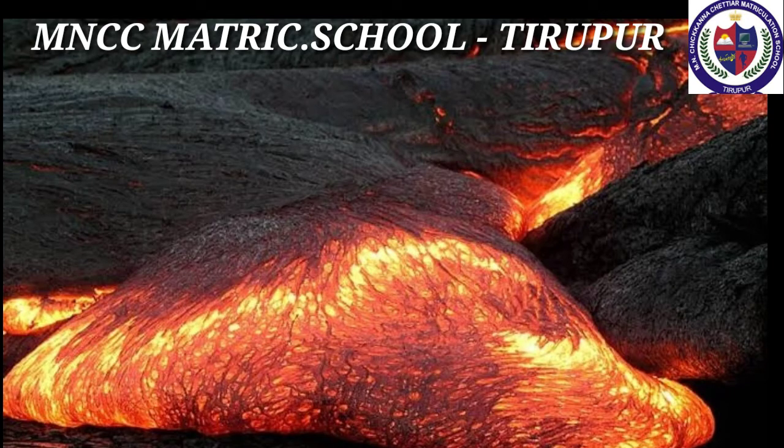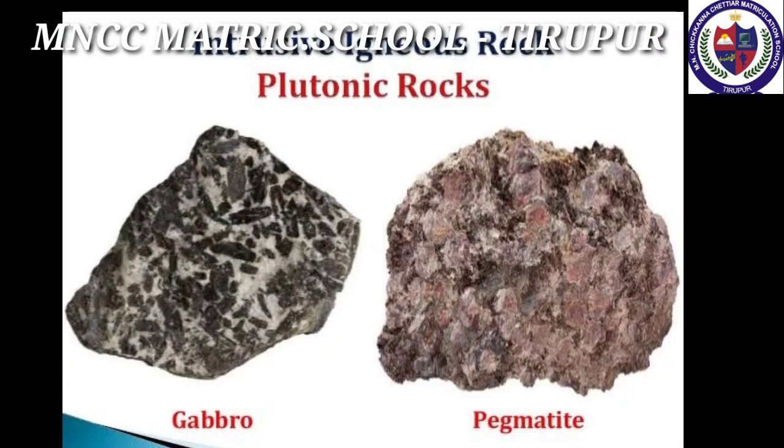Intrusive igneous rocks. The molten magma sometimes cools down deep inside the earth's crust and becomes solid. The rocks formed this way are called intrusive igneous rocks. Since they cool down slowly, they form large grains. Intrusive igneous rocks are of two types.